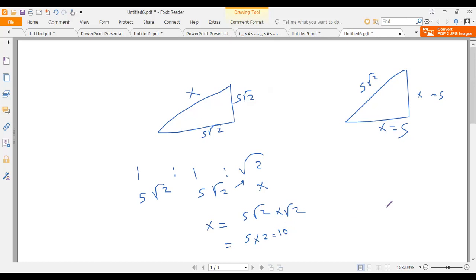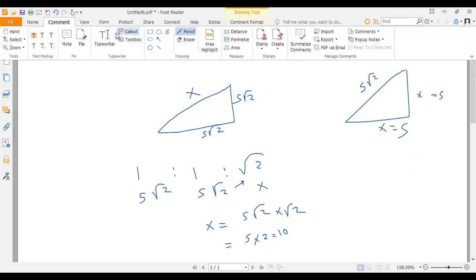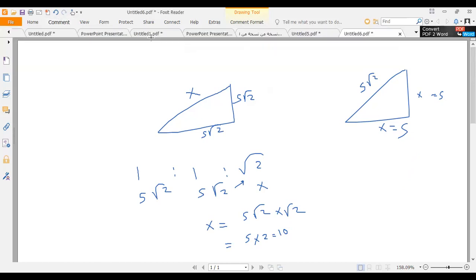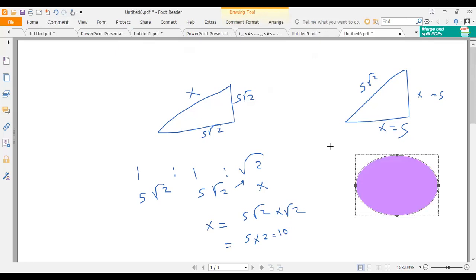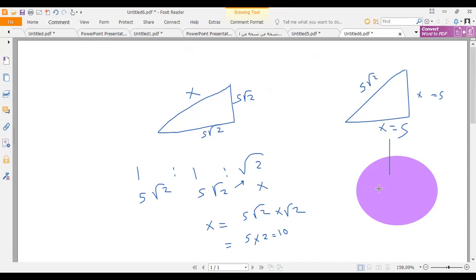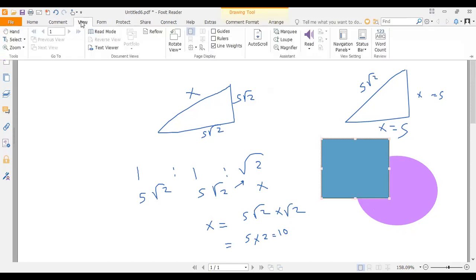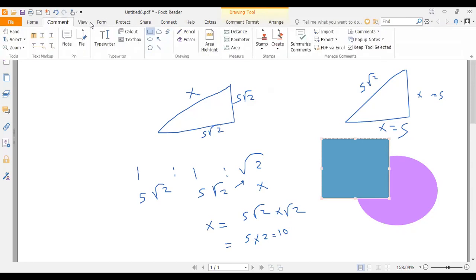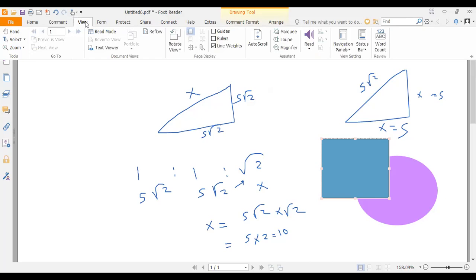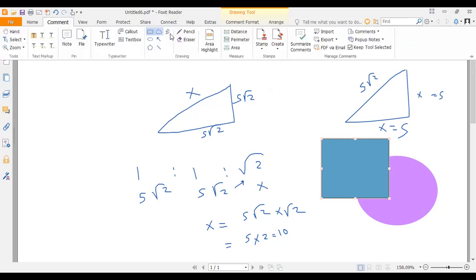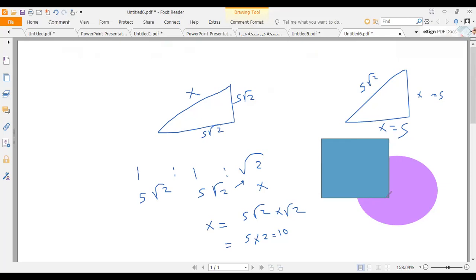Why is this topic important? Because we can have a mix between figures. For example, this is a circle. I stretch it a little, and then this is something like this.